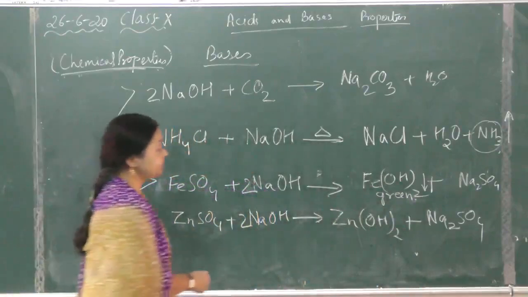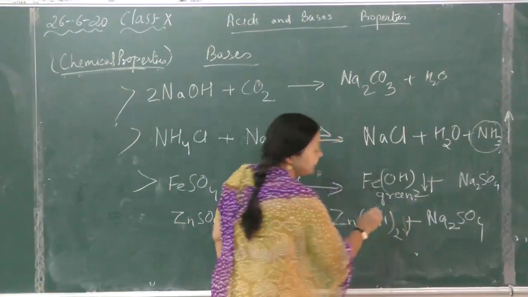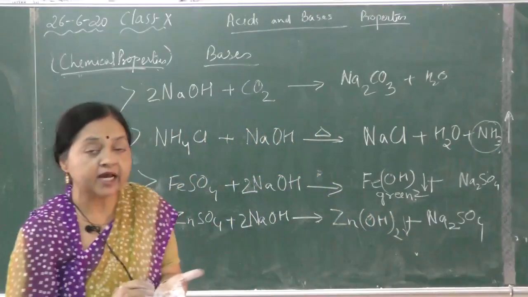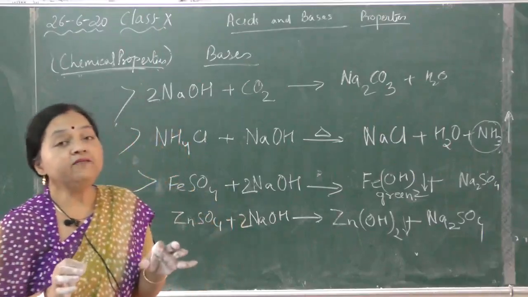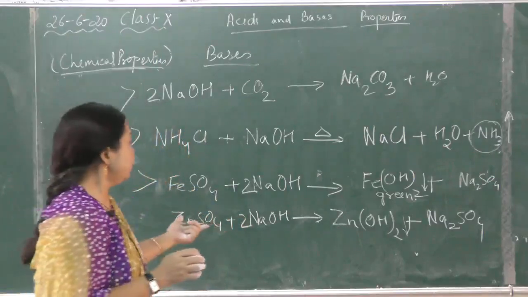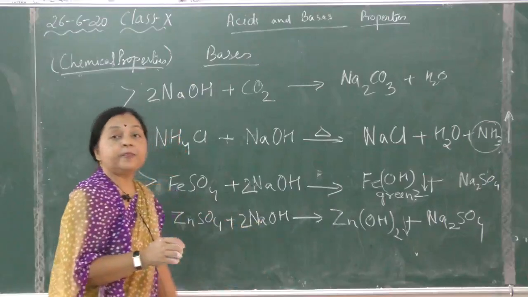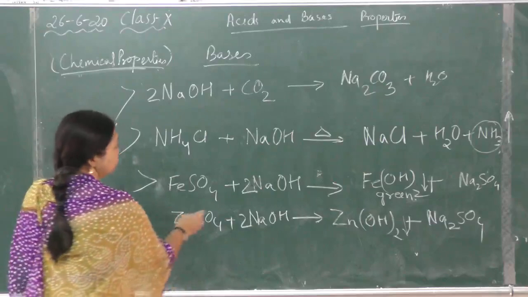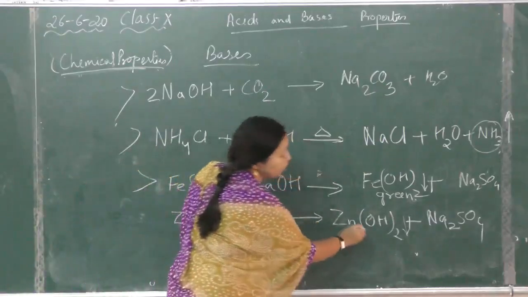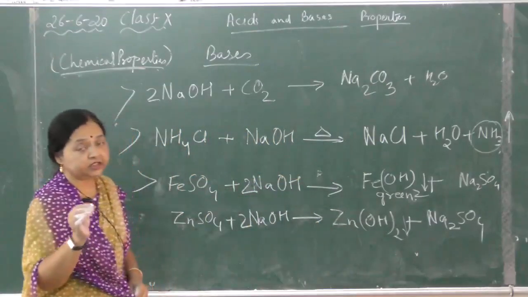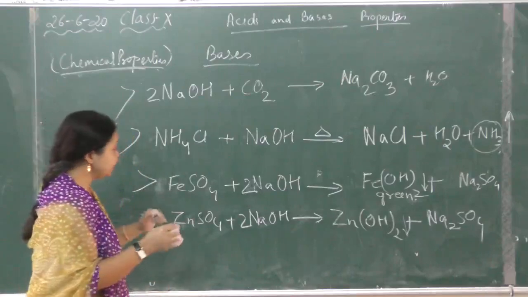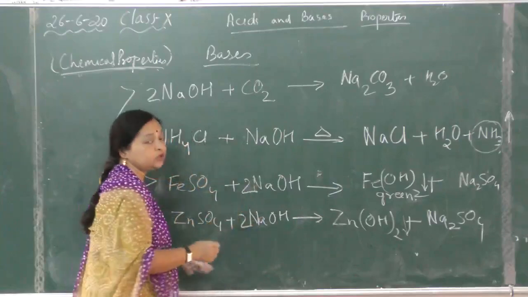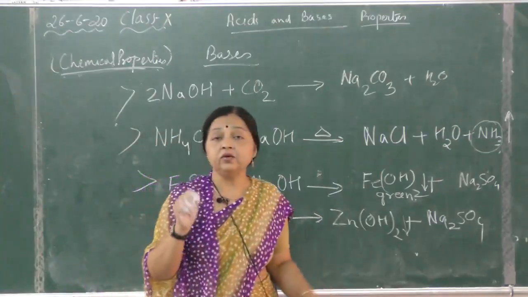Zinc, as I told you before, is amphoteric in nature: zinc oxide, zinc hydroxide or zinc itself will react with excess alkali to give zincate. So the white gelatinous precipitate forms in small amount, but when excess is added, Zn(OH)2 further reacts with 2NaOH and forms Na2ZnO2, which is soluble.